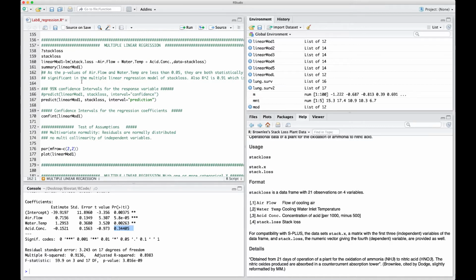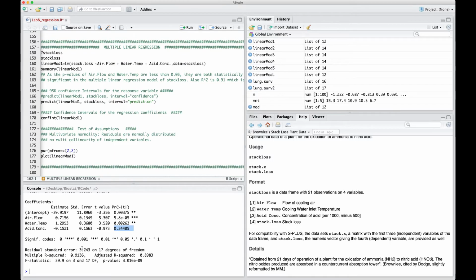So what do you say? As the p-values of airflow and water temperature are less than 0.05, they are both statistically significant in the multiple linear regression model of stack loss. Also the R square value is very good. You see that R square is how much? The residual standard error is not very big, but the multiple R square and the adjusted R square are almost 90%, right?